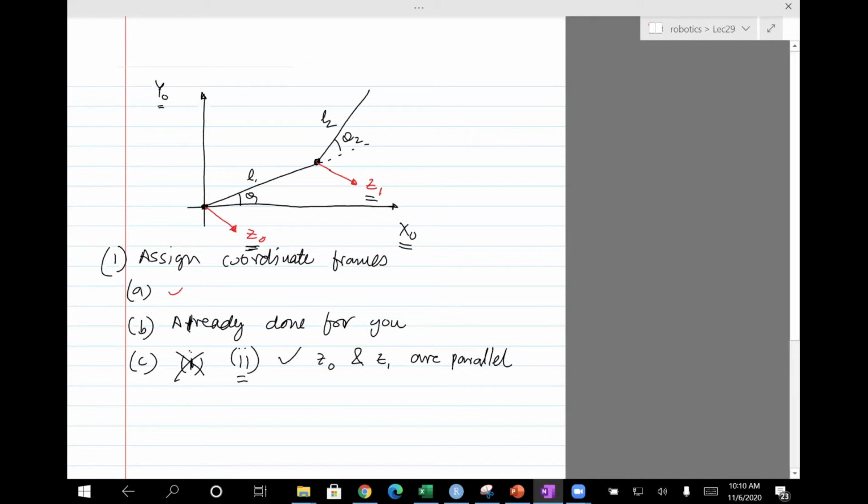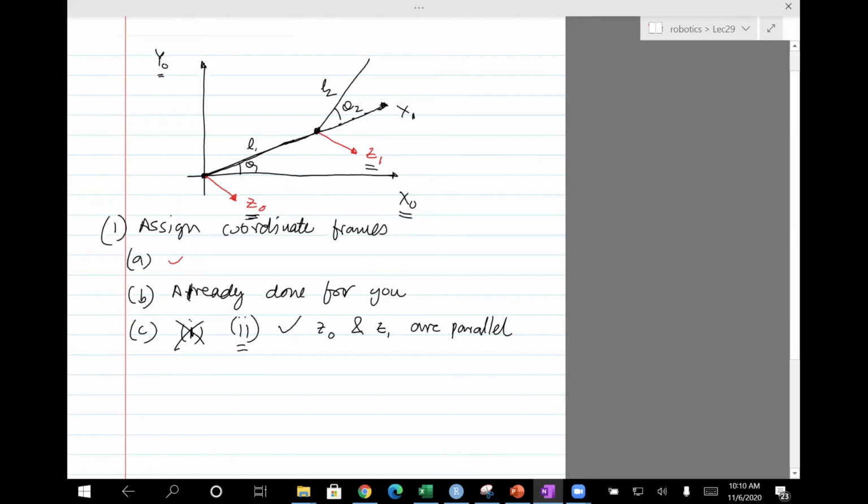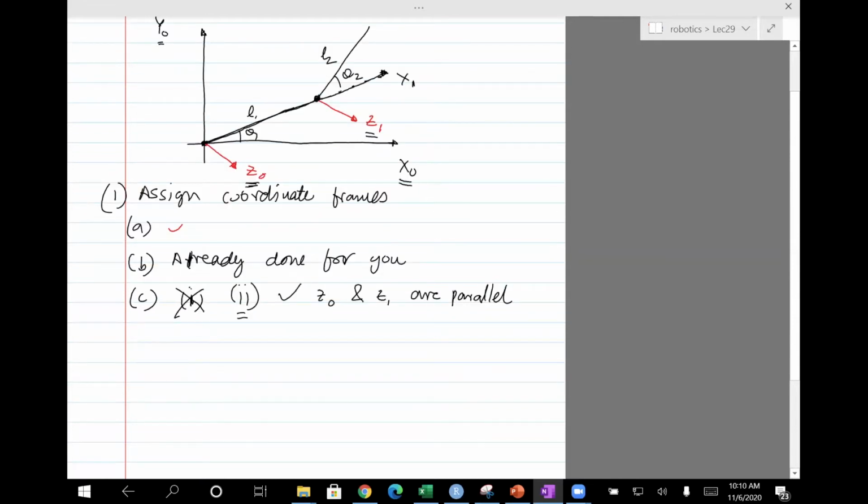So in this case, we'll try to draw x1 like this, because that intersects z1, and that actually makes our life easy. Okay, so that's just a suggestion. You could choose any other perpendicular. Okay, so that's step 1 with Roman numeral 2. Okay, we don't need to look at 3 because we already found one case which satisfies this.